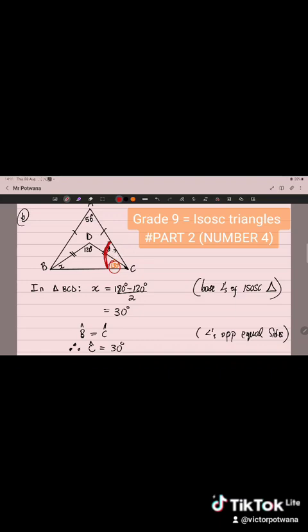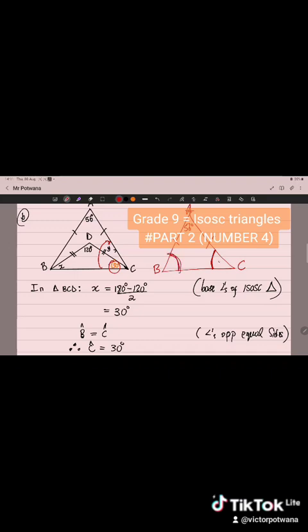Then from here we can just draw the bigger triangle ABC. You can just draw it aside so that you will be able to see clearly this angle that I'm talking about. So there you have 56 degrees. So it's easy, guys, to find this angle.